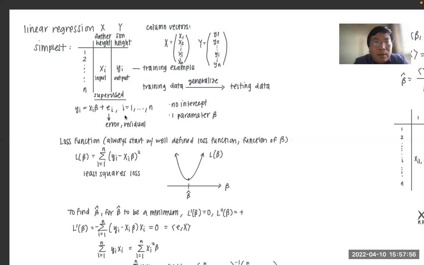But later, people just generalized this notion of regression. So as long as yi is a function of xi, and you try to learn this function from the training data, subject to some random fluctuation, then this model is called a regression model. Okay, so the regression has lost its original meaning of regression toward the mean. The current meaning of regression just means that any relationship, either linear or nonlinear, between y and x is considered as a regression.